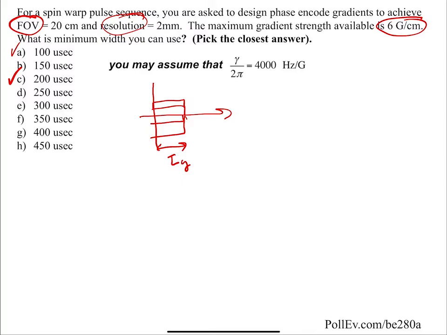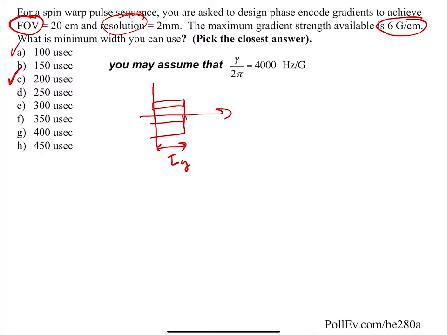So which of the parameters should we be thinking about? Should we think about FOV or should we think about resolution? Resolution. How come? Why is resolution the more important parameter for this problem? Anyone? Right, it depends how far you're going out in k-space. If I have 6 Gauss per centimeter to use, I need to figure out how long I need to have it on to go out far enough in k-space.